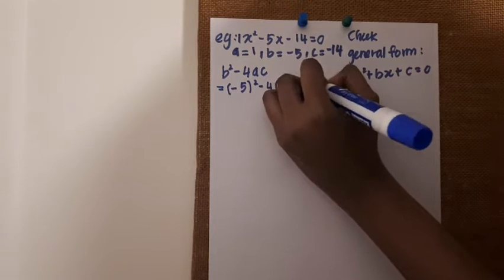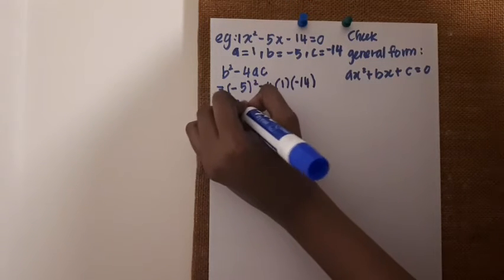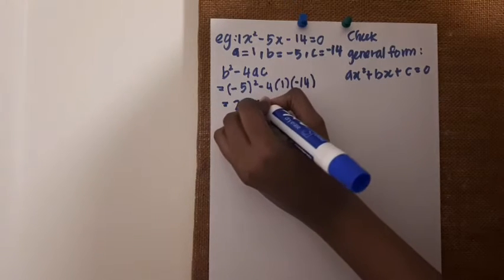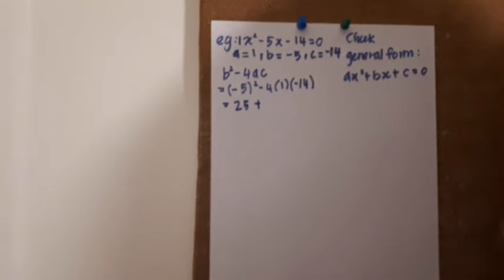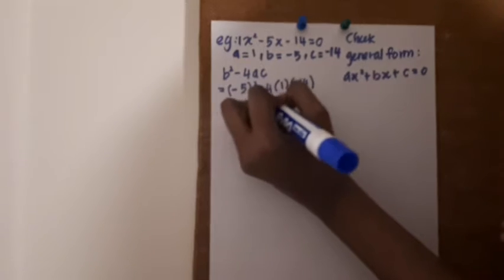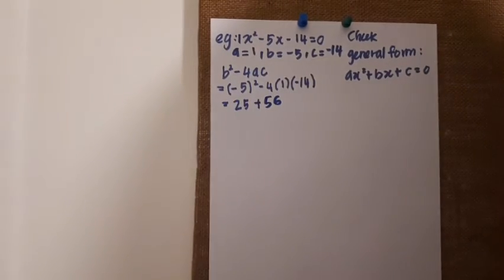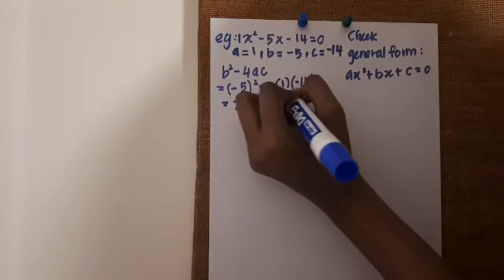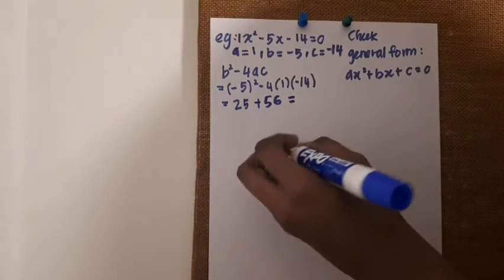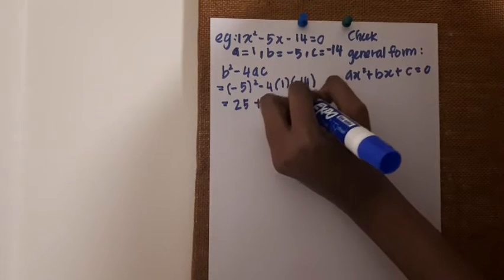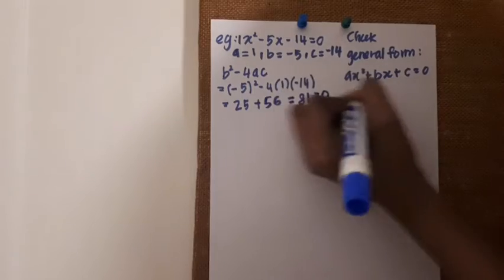You can use the calculator, and when you add this up, you will get 81, which is greater than 0.